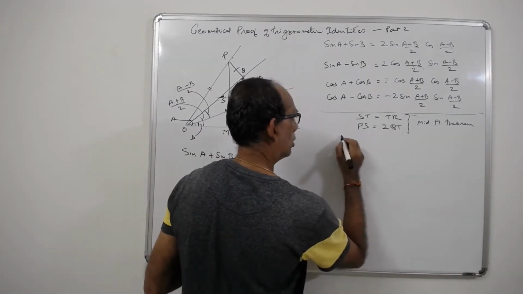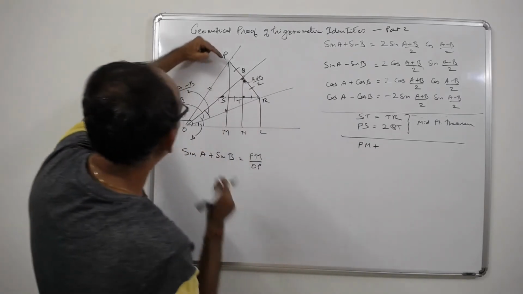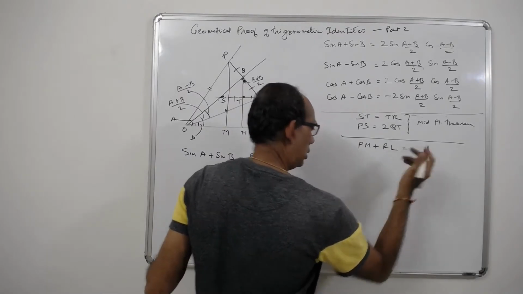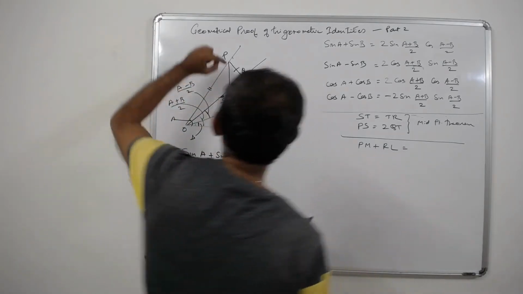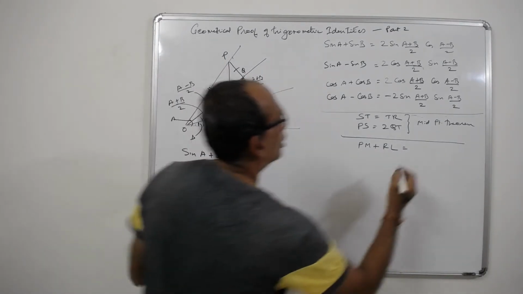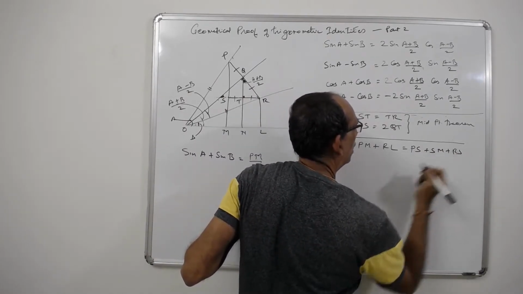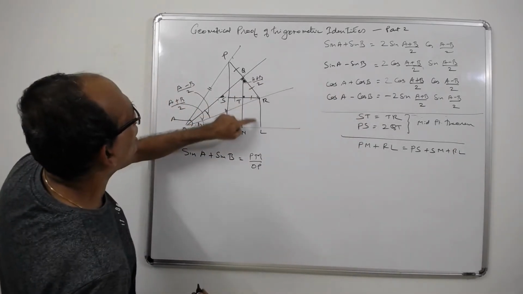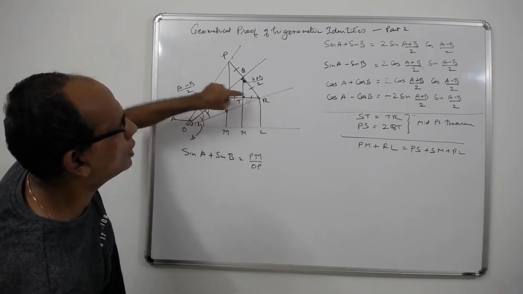Let's add this. PM plus RL. You understand RL, we will need it, so I'm writing it at the side. PM plus RL is PS plus SM plus RL. Now RL is equal to TN because this is a rectangle.